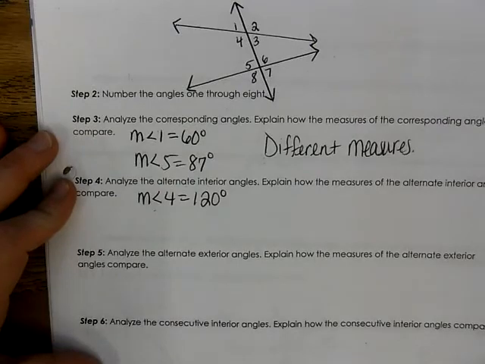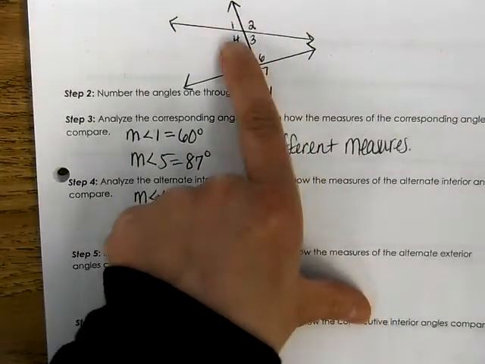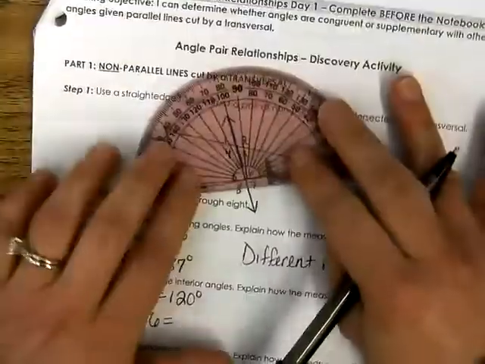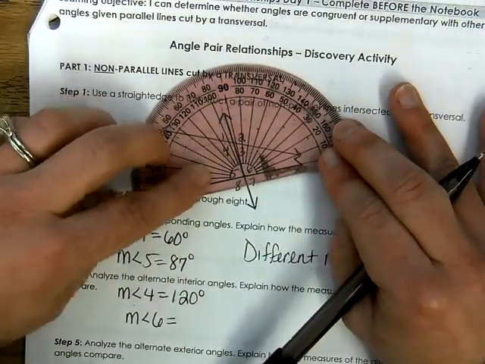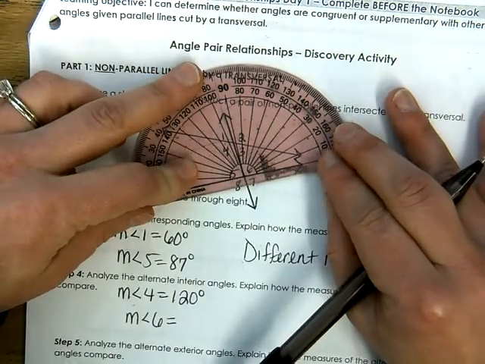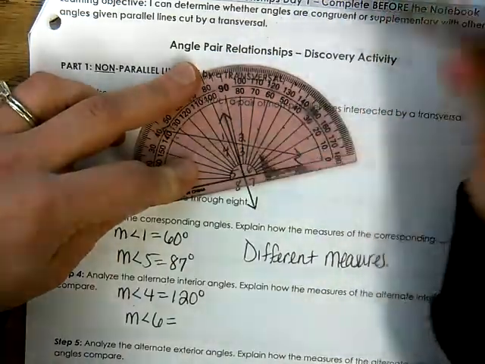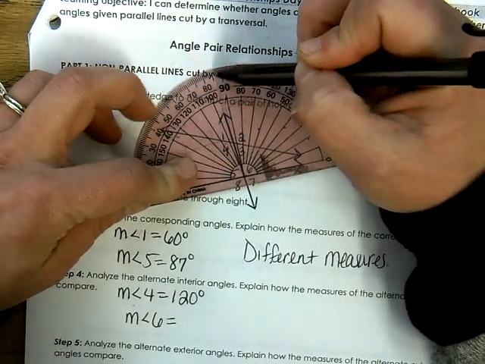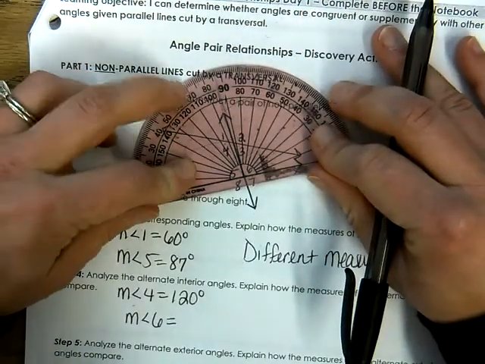So now I'm going to look at the measure of angle 6, because angle 6 is an alternate interior angle. See what I can do to get this angle measure. And it appears that this angle, I know it's kind of hard to read.